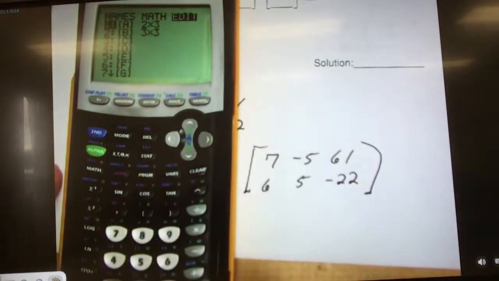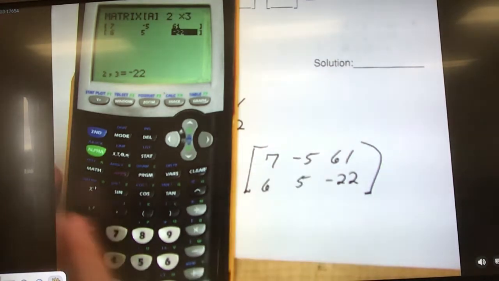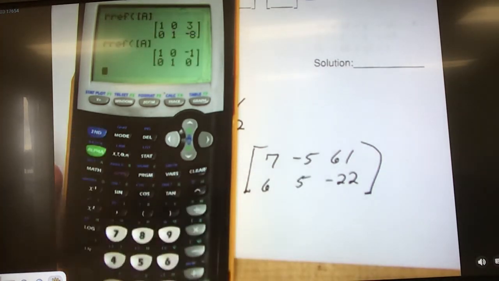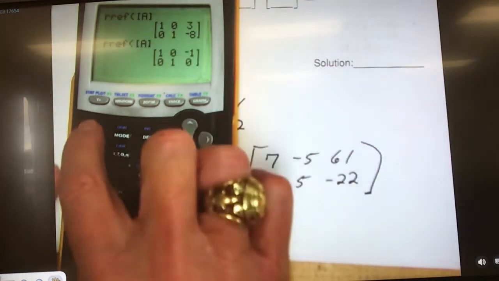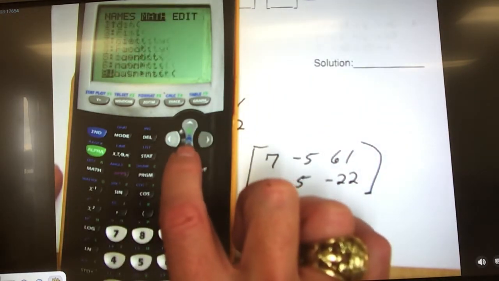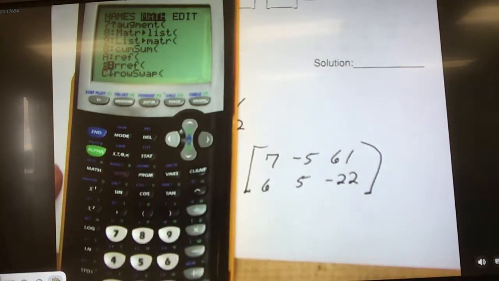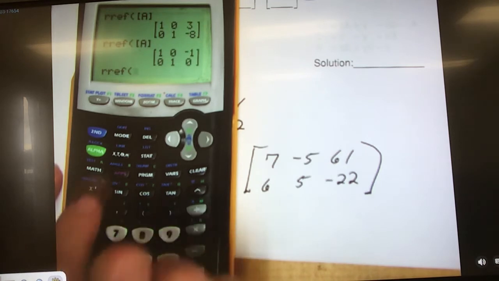I already have the 2 by 3 in A, so I'm just replacing those numbers with my new ones. 7, -5, 61, 6, 5, and -22. Once I have them, I second quit, clear up out of there, second matrix, go to math, go all the way down to RREF, make sure it's double R and not the regular REF, so RREF, hit enter. It says RREF of what?